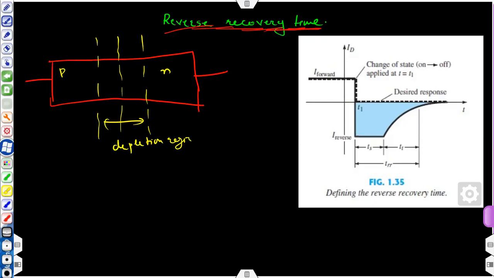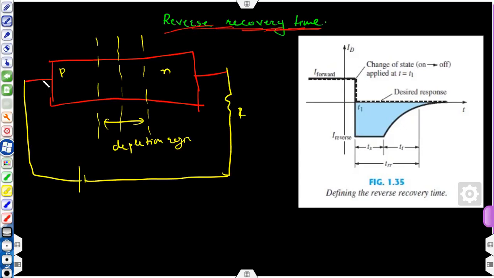And I have forward biased it like this. Some resistance is there, and I have the value of IF, forward current. So the notation is I forward.